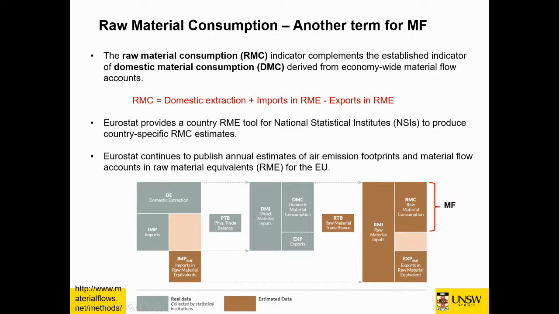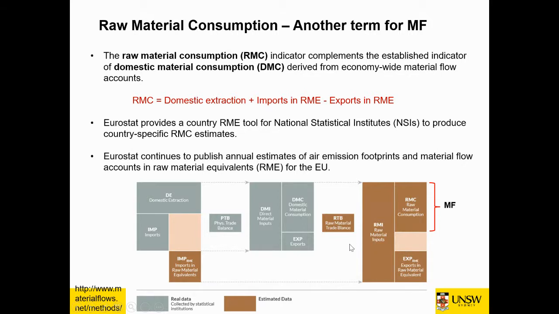But for this accounting, we also consider the imports in raw material equivalents. And when we look at the exports here, we also consider not only the physical exports, which is this part, but also the fraction of the raw material input to that country which is associated with the products which have been exported.